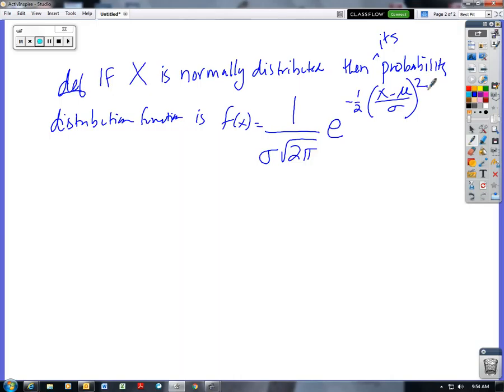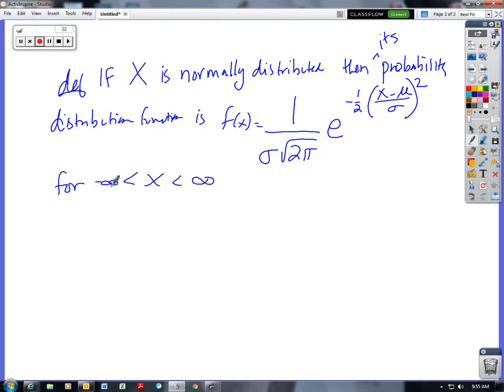That is a heck of a function, isn't it? That is the function that describes the bell-shaped curve. If you had a sigma and a mu, you could plug that into your calculator and you would get a bell-shaped curve. And that's valid when x is less than infinity and greater than negative infinity.